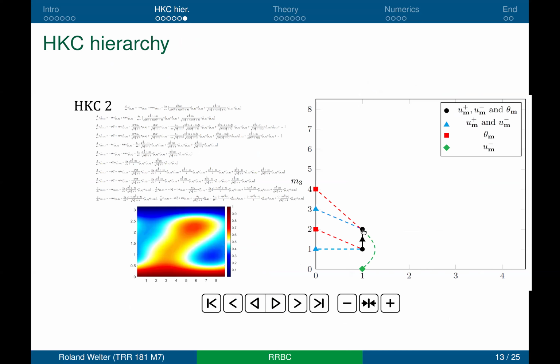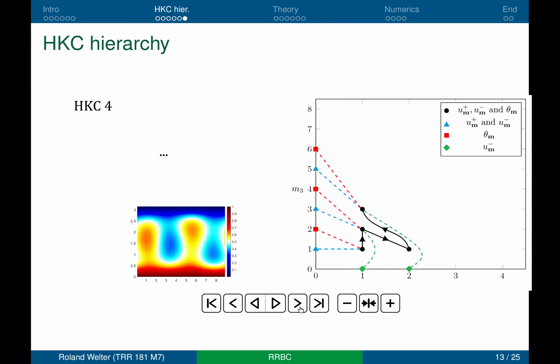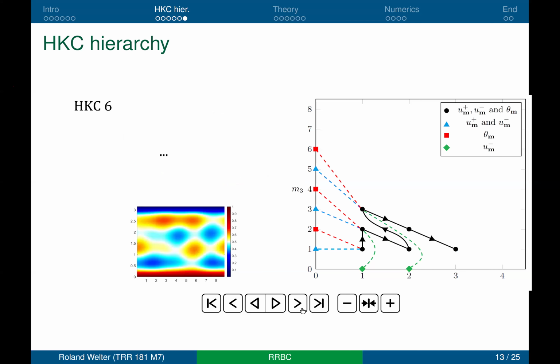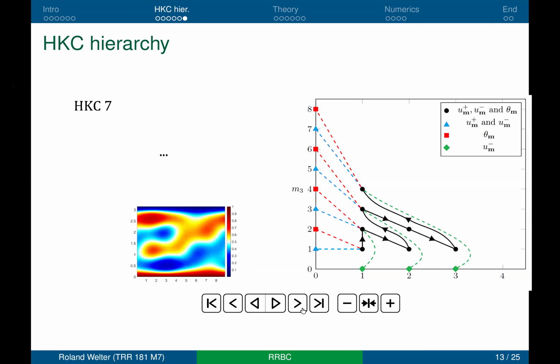Now, if you follow the next step, you attach another Fourier mode, and the energy balance requires that you then attach these two modes. You get a larger system of ODEs, and then you can represent more complicated flows. And so this procedure, we generalized it so we can do this as much as we like.